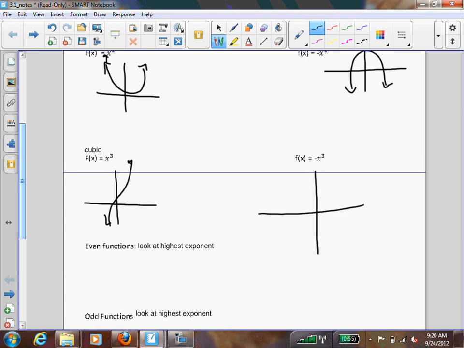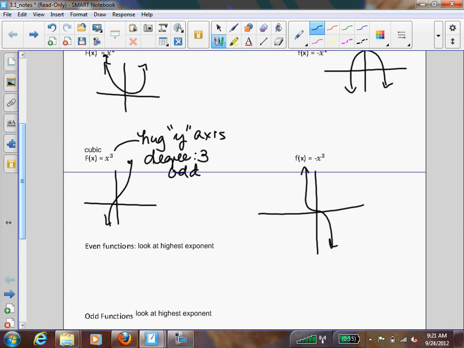And if it's negative, it goes over to the second and fourth. So remember that cubics hug the y-axis. Its degree is 3. It is an odd function, which means all odd functions go either this way or this way.